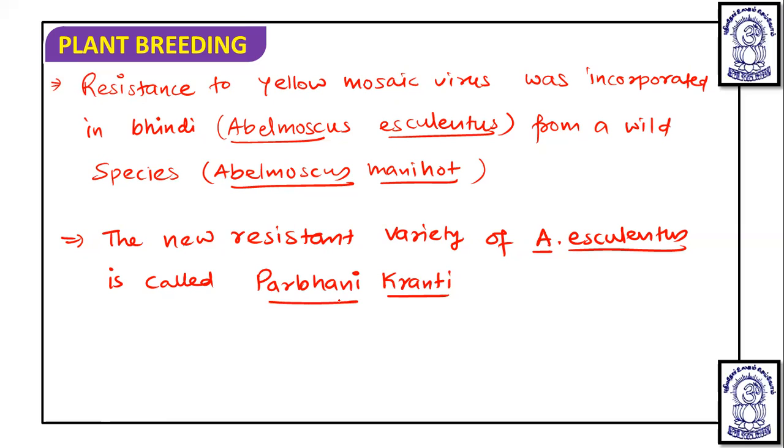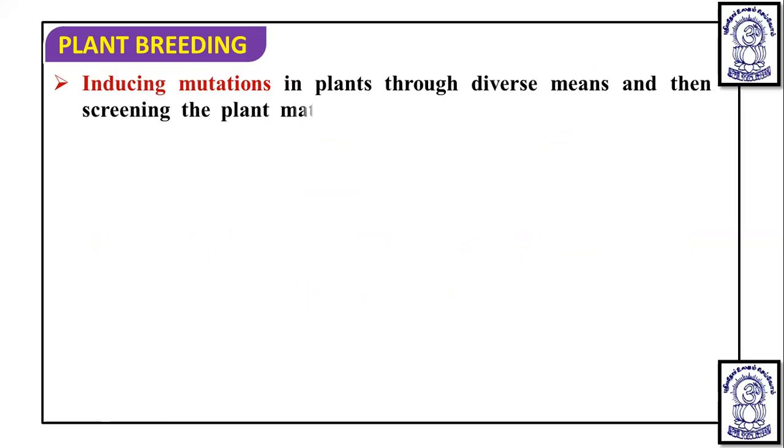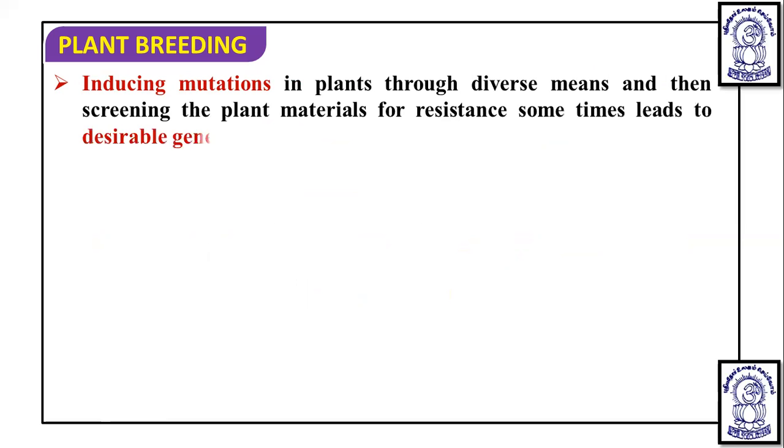Now, we have just studied that conventional breeding is often constrained by the availability of a limited number of disease-resistant genes that are present and identified in various crops or relatives till now. So now the next method is mutational breeding. Inducing mutation in a plant through diverse means and then screening the plant material for resistance sometimes leads to the desirable genes being identified.